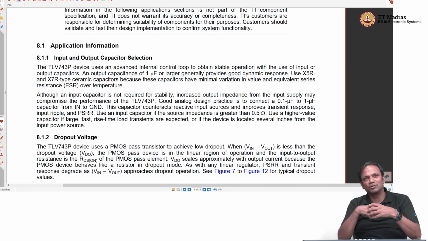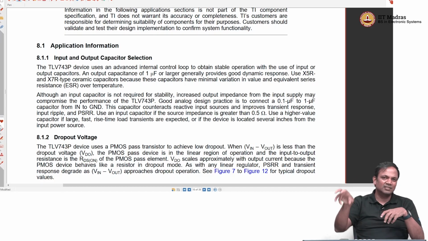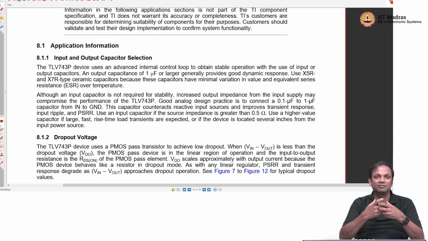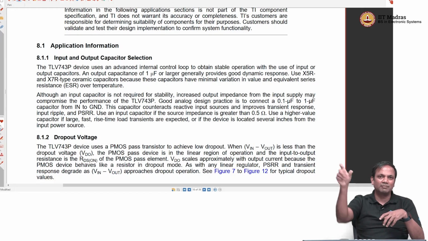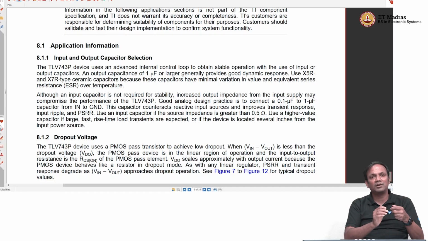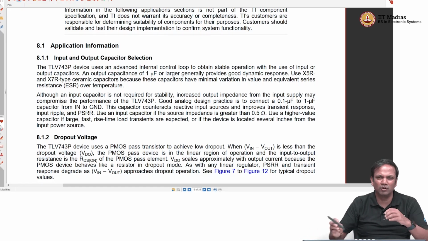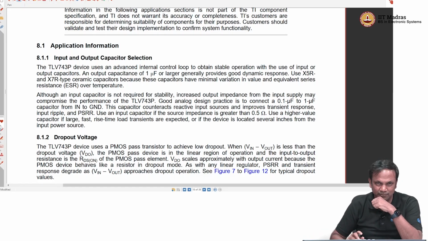If you accumulate more than 180 degrees of phase with a gain greater than 1, then essentially you have positive feedback with a gain greater than 1, which means that the system will start to become unstable. So it is important to ensure that you do not accumulate 180 degrees of phase before the gain has gone below 0 dB, or below 1, which are just two ways of saying the same thing.